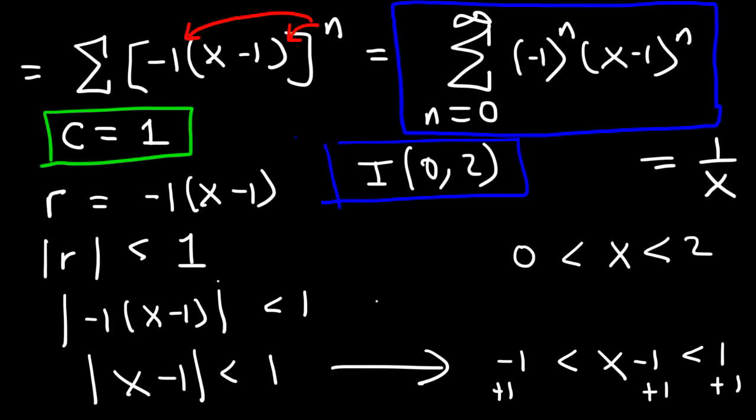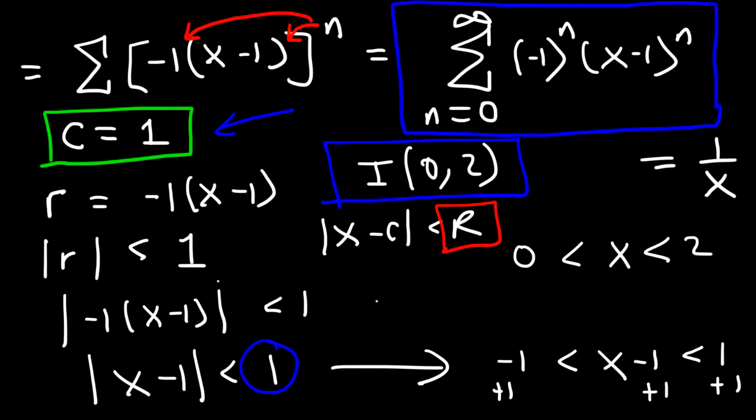And you could see that c is 1. 1 is the midpoint of 0 and 2. The radius of convergence is basically this number that you see here when you have it in the form of the absolute value of x minus c is less than r. So the radius of convergence is 1.